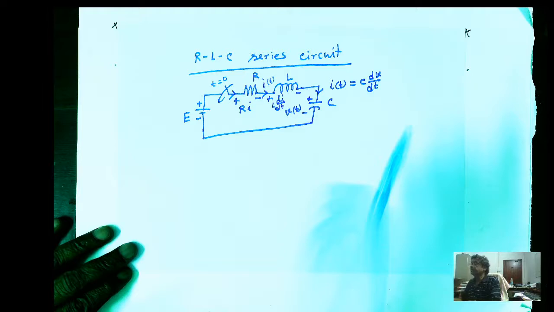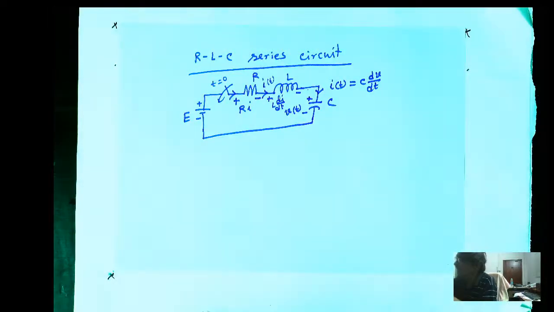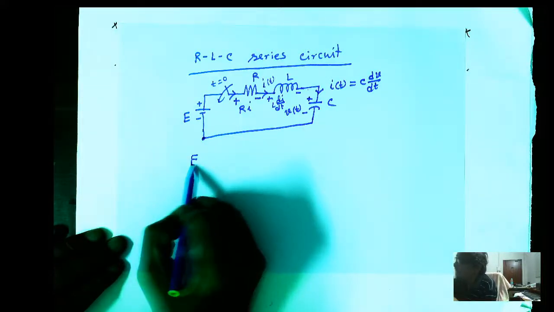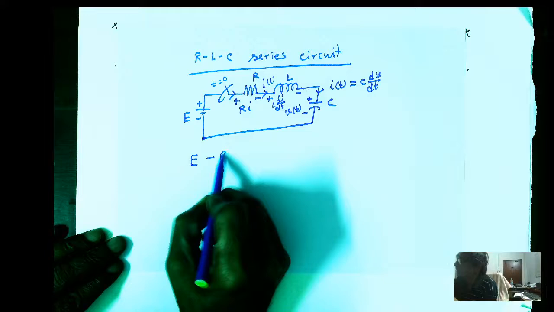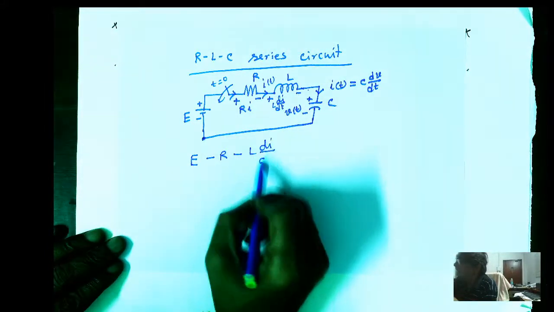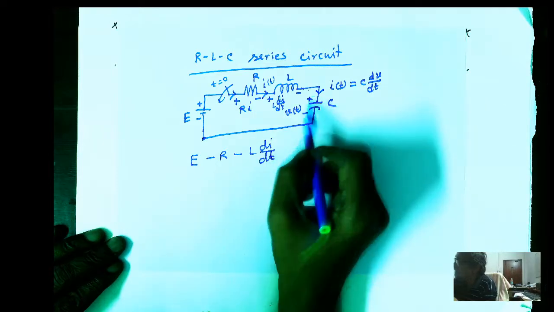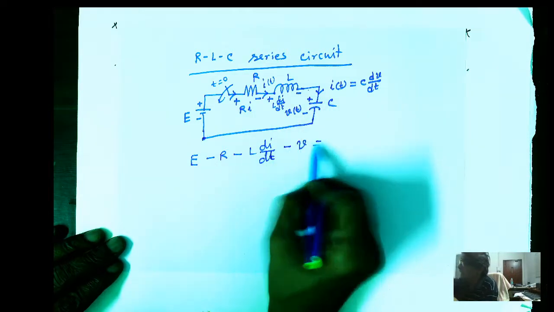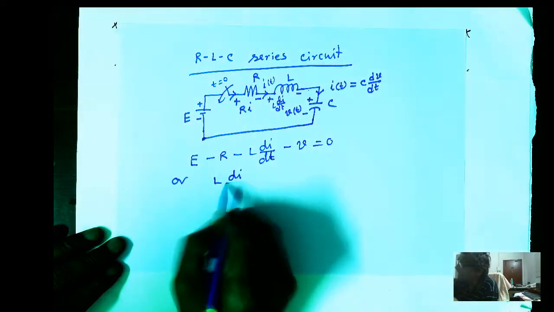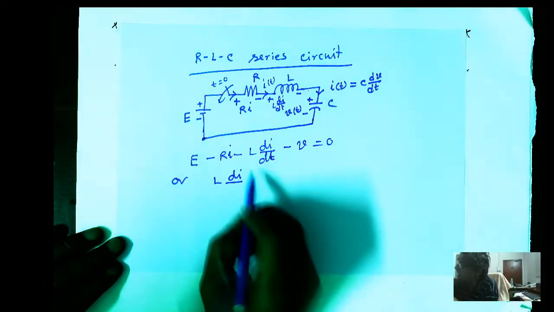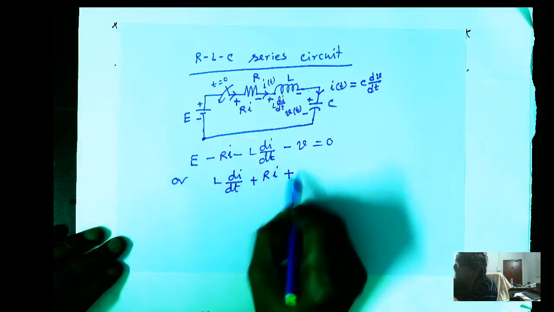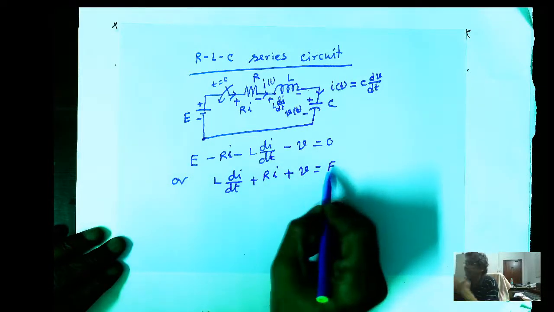Therefore, I will write down the KVL equation starting from this point: from this to this it is plus E, then from this to this minus Ri, from this to this minus L di/dt, and from this to this minus V, and that must be 0. Or I will say L di/dt plus Ri plus V is equal to E. This is the differential equation.